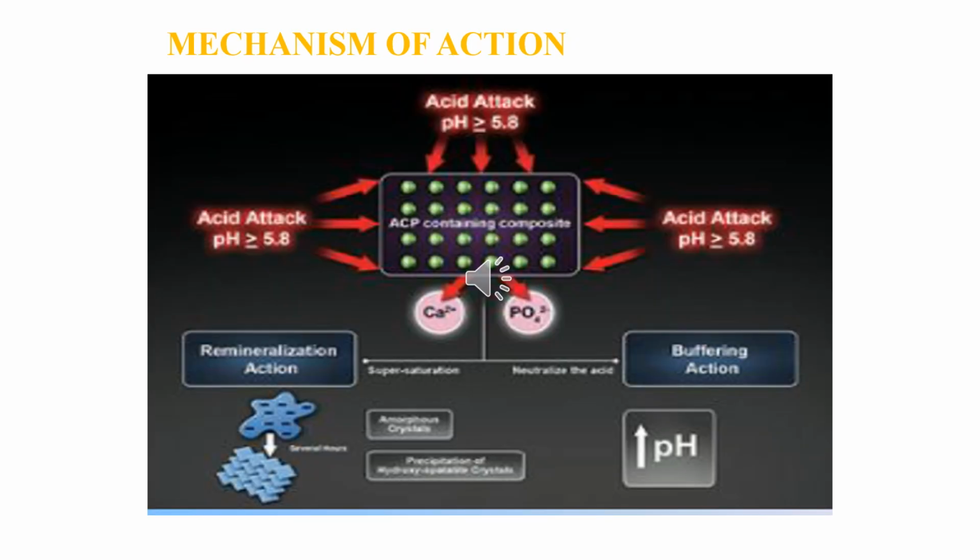Now please focus on this slide explaining the mechanism of action. Here we can appreciate in this diagrammatic representation that there is an acid attack. The bacteria is attacking the tooth, and there is lowering of the pH. The pH is getting lower than 5.8. Then what is happening? Two types of ions are getting released, the calcium ions and the phosphate ions. Calcium ions have remineralization action and phosphate ions have buffering action.